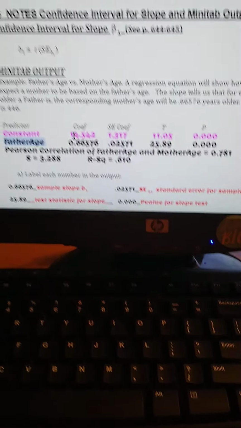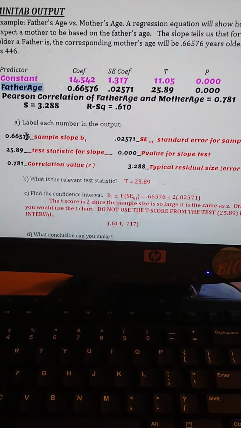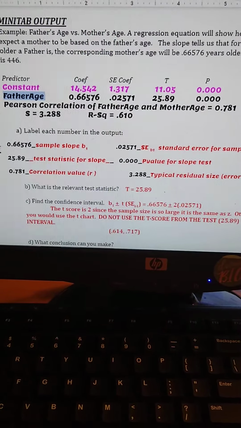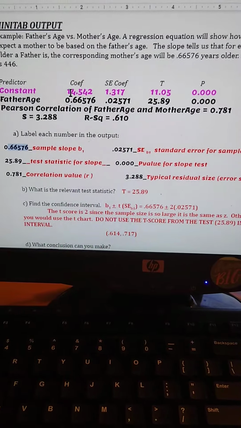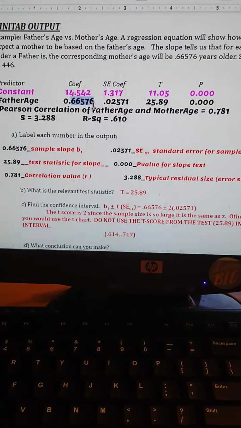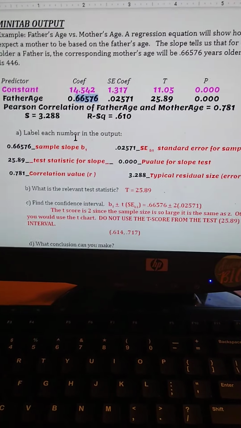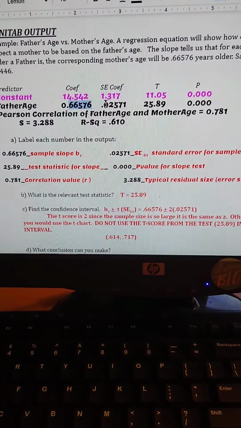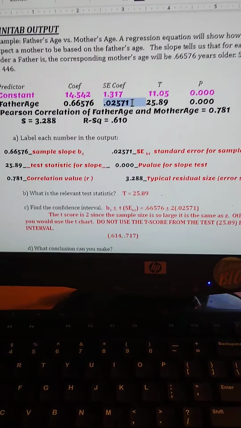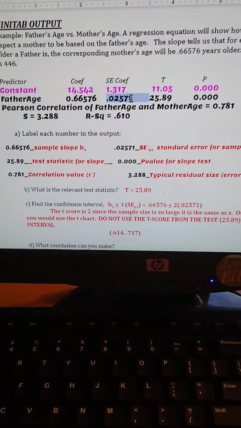We have several numbers here. Let me scroll up and you can see I have them labeled. The first question says label each number in the output. 0.66576, this number right here, the coefficient, that is your actual slope. The next number, 0.02571, that is the SE for the coefficient, the standard error for the coefficient.